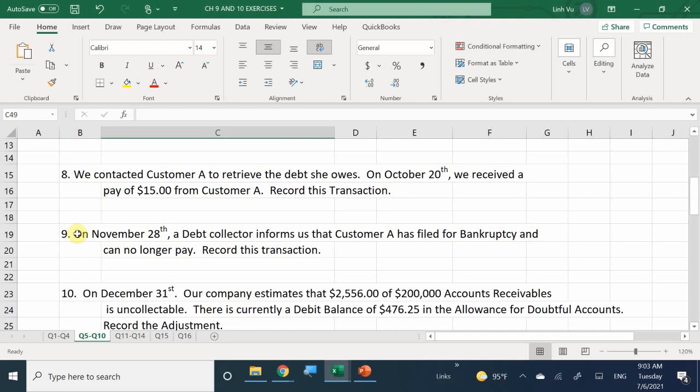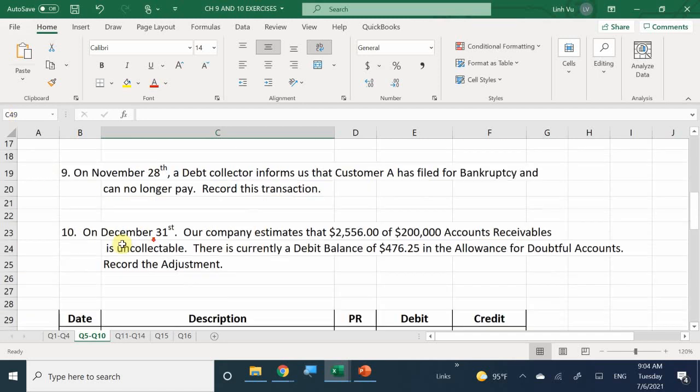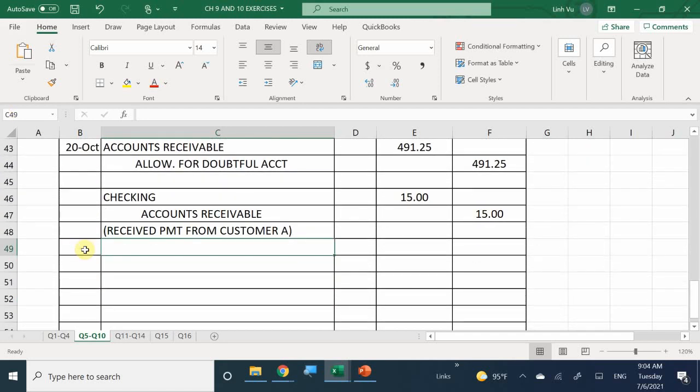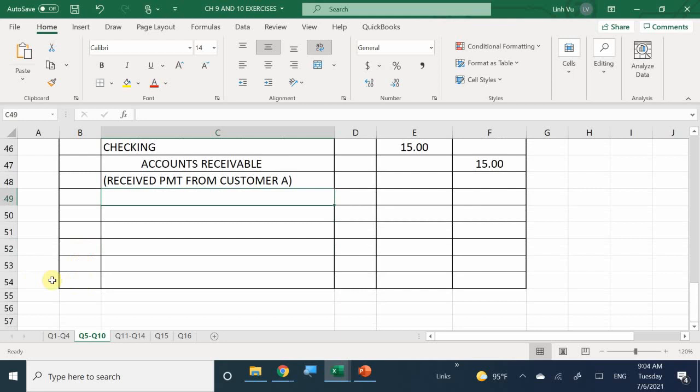So in this case, now that I know for sure that customer A can no longer pay me back, how do I record this transaction? Okay, and I'm going to add a couple more lines here.